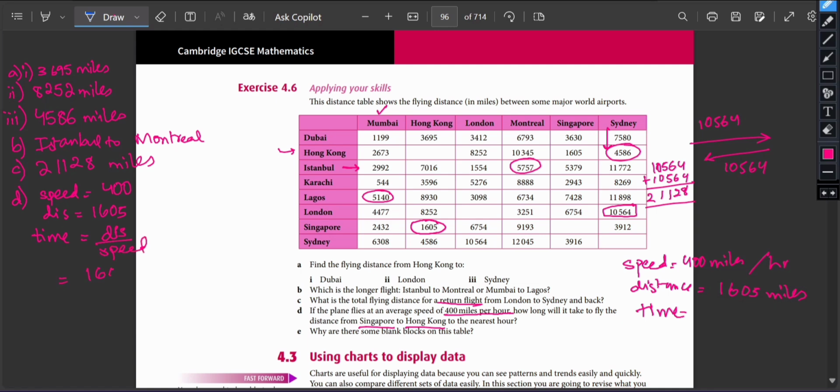So distance is 1605 over 400, and we will get about 4.0125, which is approximately equal to 4 hours. Because they have asked us for the nearest hour, that's why we have to mention it like this. So 4 hours is going to be the answer.